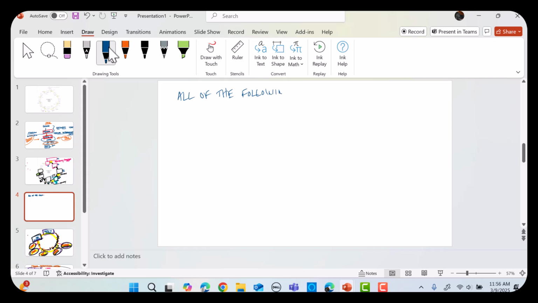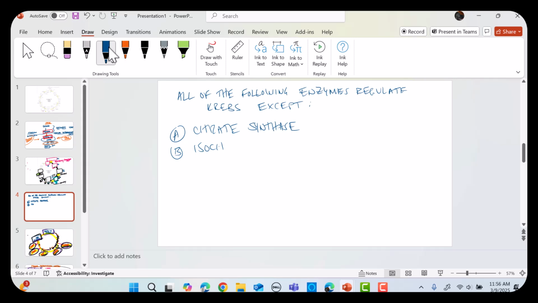Common thing. Not going to be perfect on the grammar. It takes too long. So we have citrate synthase on there, regulatory, no one argues. Isocitrate dehydrogenase, regulatory, no one argues.